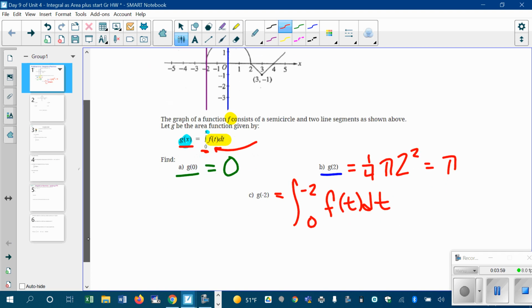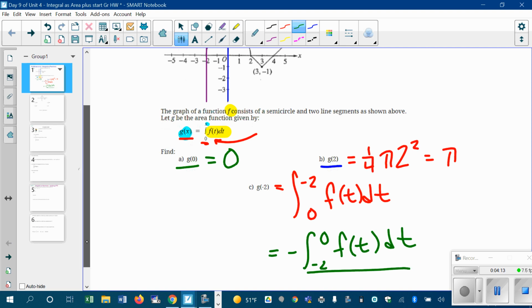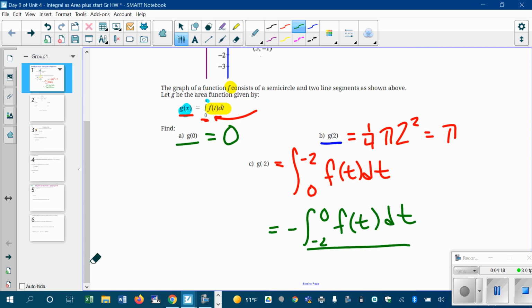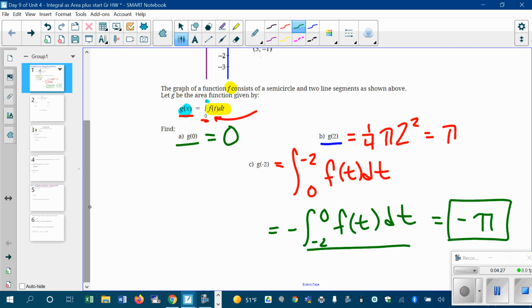And since those bounds are backwards, with the smaller number at the top, I use a property of integrals that lets me reverse the bounds. Now this part, not the negative sign, just refers to this area, which is going to be pi, but I have a negative sign because the bounds were in the wrong order at first. Okay, so there is my answer for the first 3.